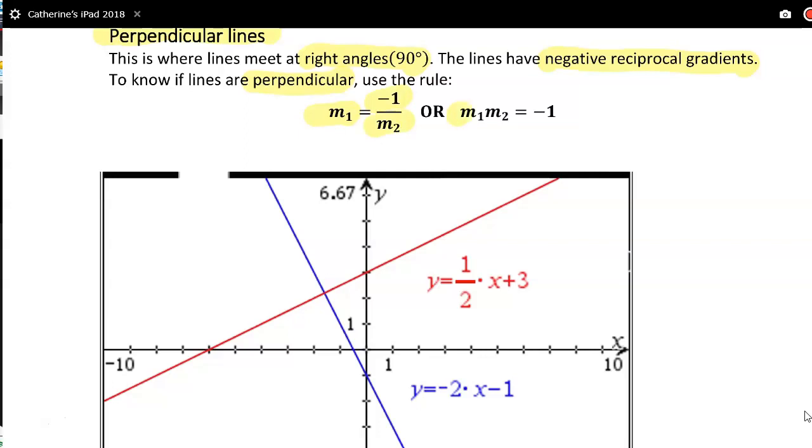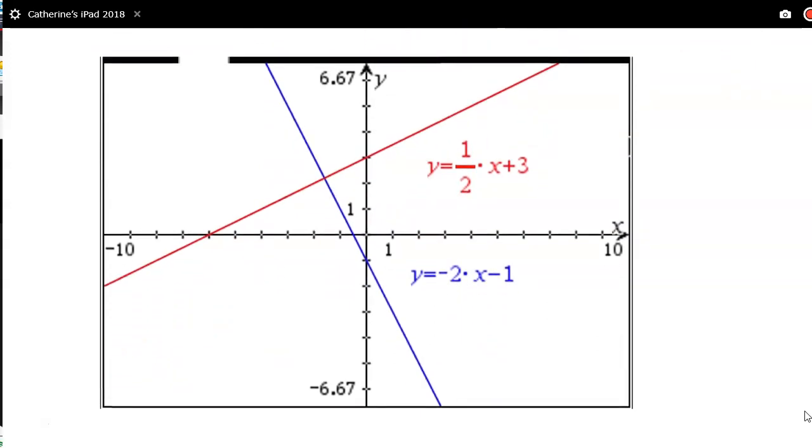The other way of writing that is that the two gradients multiplied together give you -1. You probably remember that from earlier in the year or through your other study. Here I've got a little example where two lines intersect right there, and they are perpendicular to each other. And you can see that they are negative reciprocals of each other.